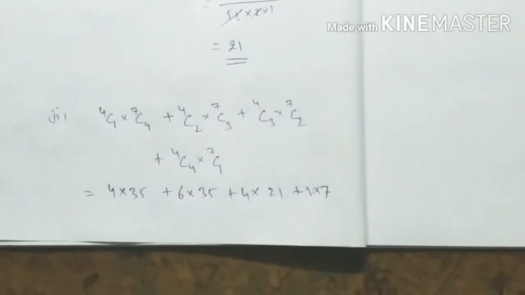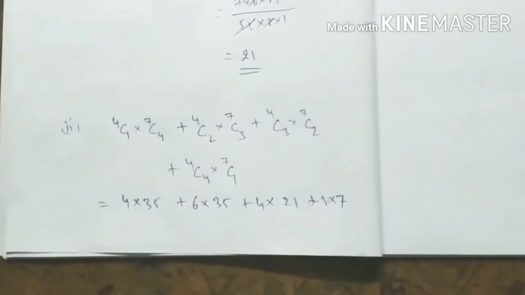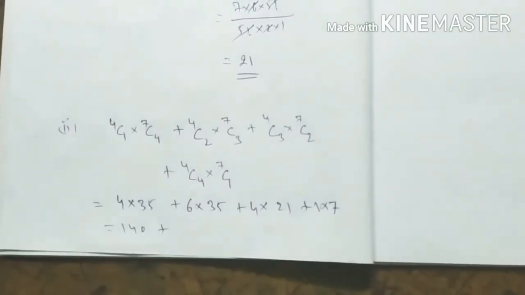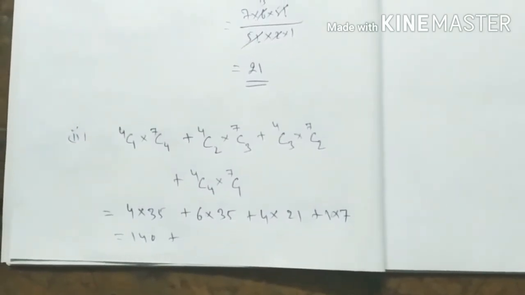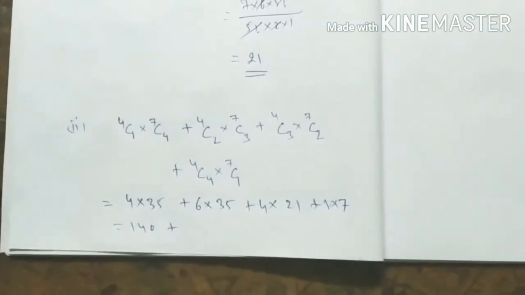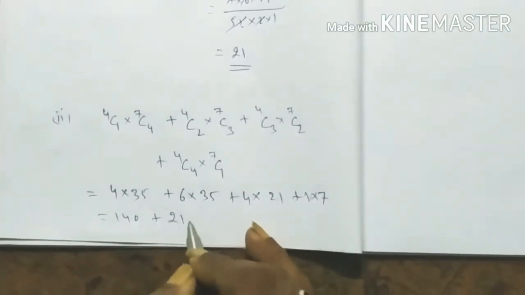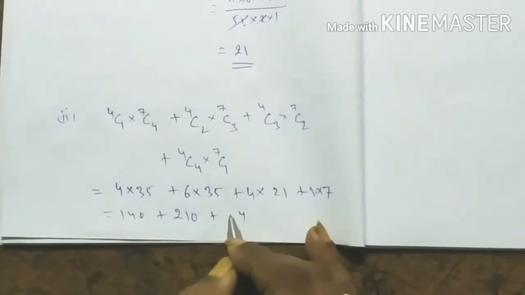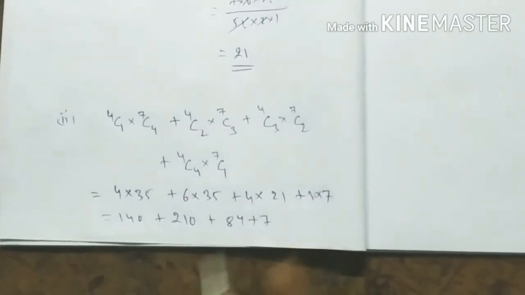So 35 into 4, it is 140, plus 35 into 6, it is 210, and 4 into 21, it is 84, plus 7.